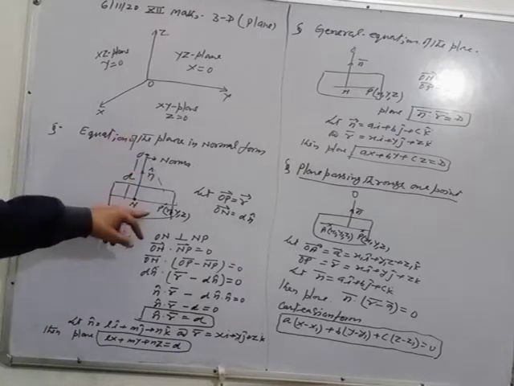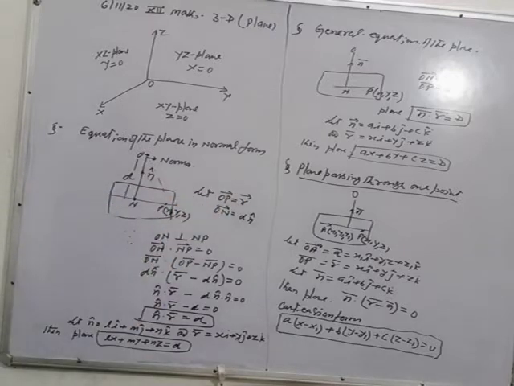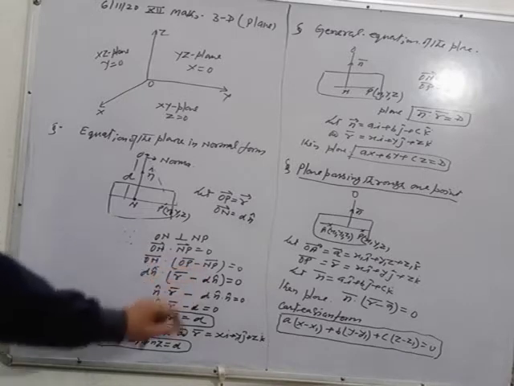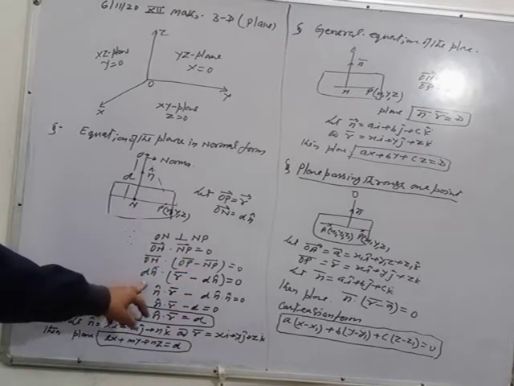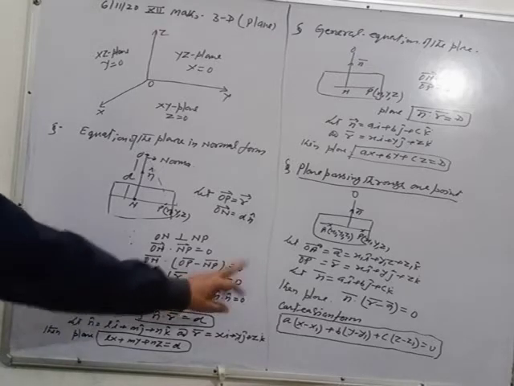and OP, P is variable here, so let OP is represented by vector R. Then ON perpendicular to NP, so ON dot NP is 0. Solving it, NP is OP minus ON, so d n cap dot (R minus d n cap) is equal to 0.